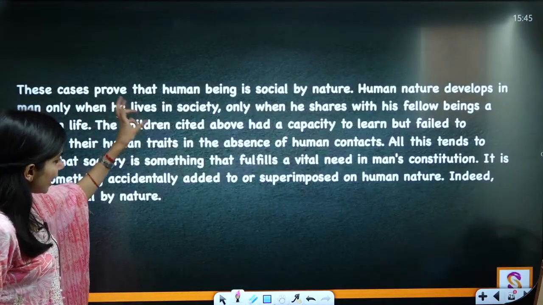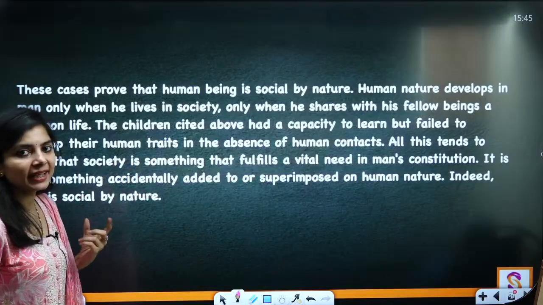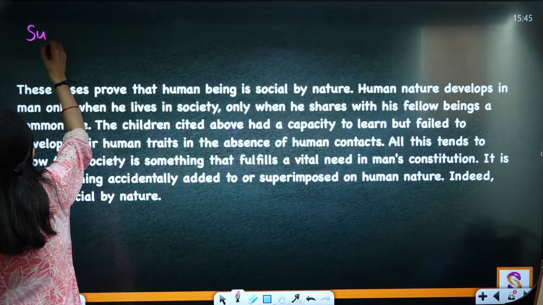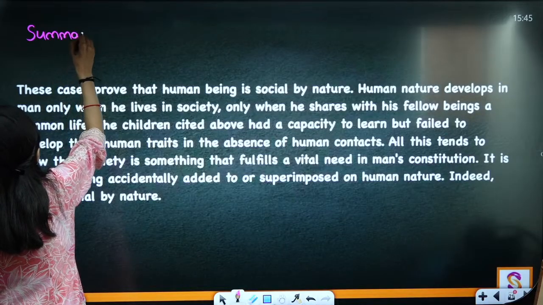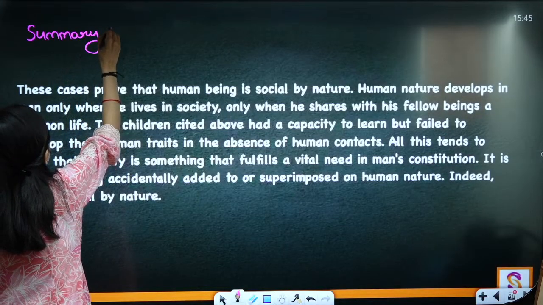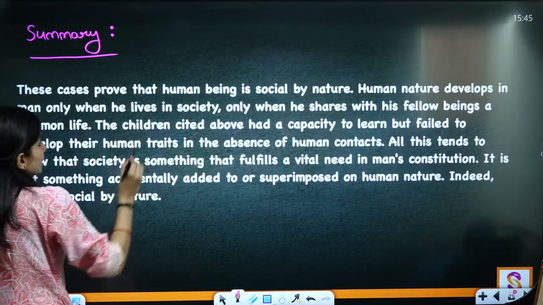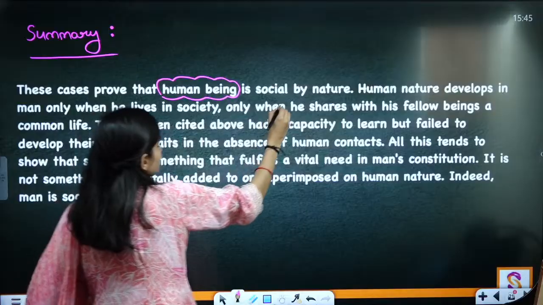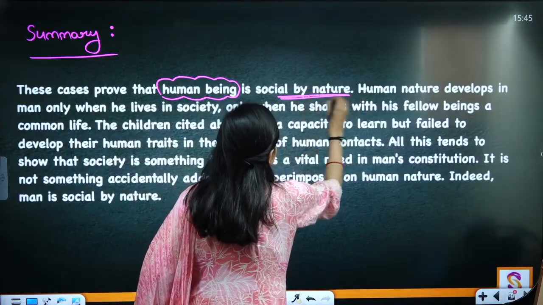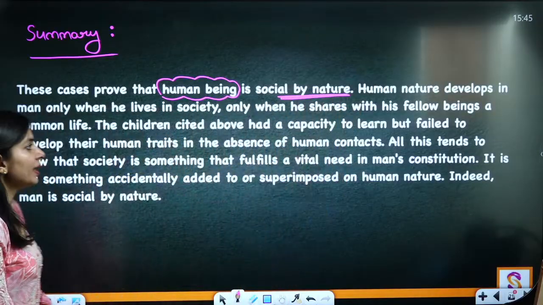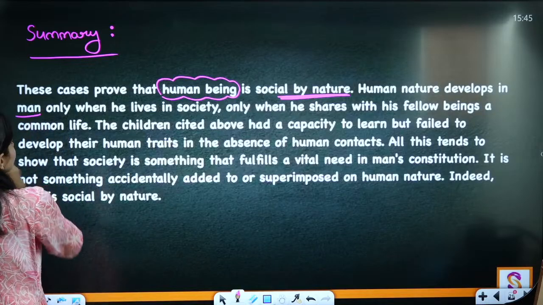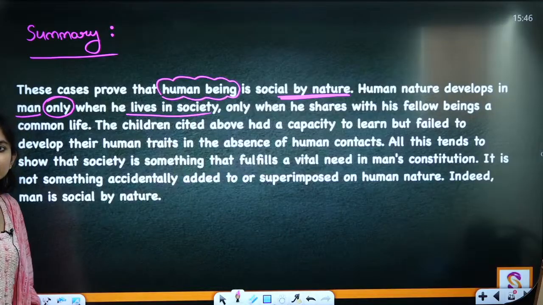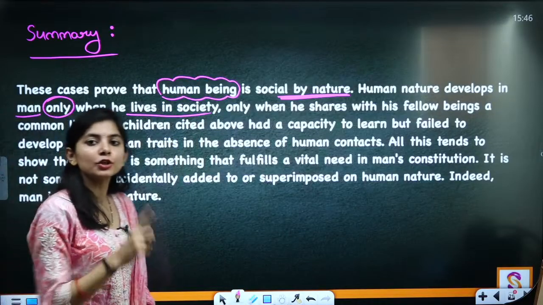With the help of all these studies, what can we summarize? The summary is this: human being is social by nature. Human nature develops in man only when he lives in society. If you live in society, you will be social.